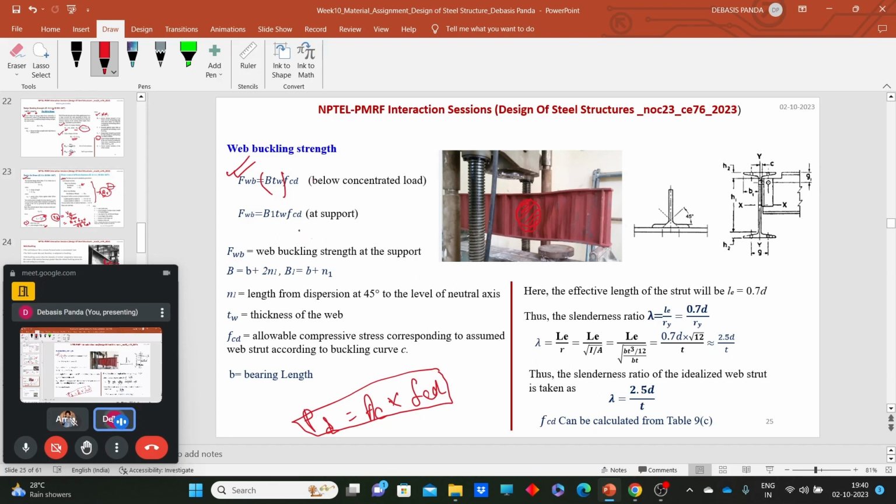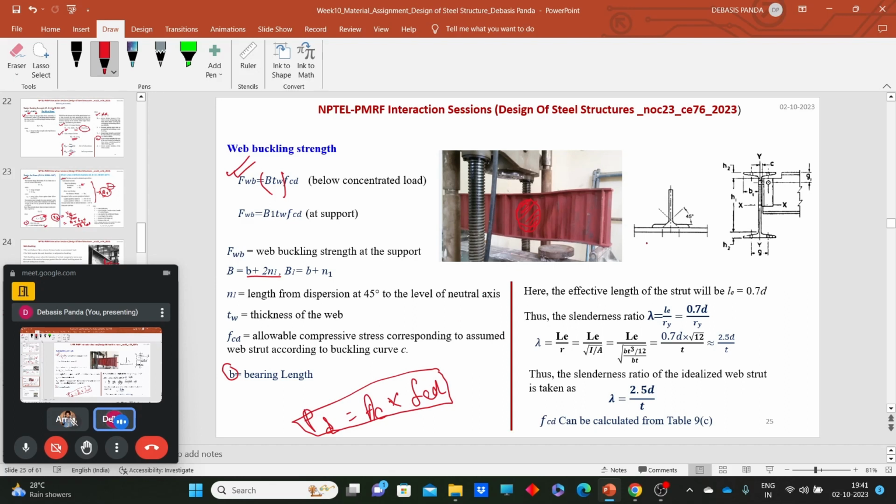Now, that B differs in different conditions. I will come to how we can calculate B in a minute. B is calculated like B plus 2N1, where that b is nothing but the bearing length. Like if I draw a beam here, say for example, this is the beam. Let me draw the beam.